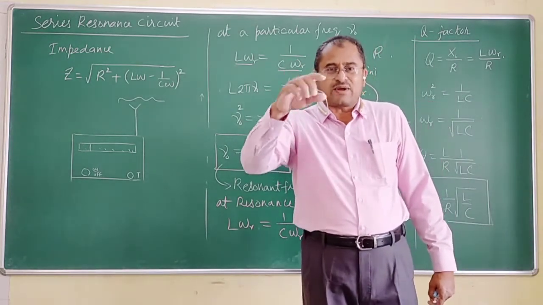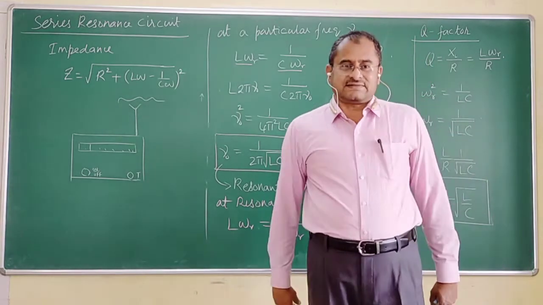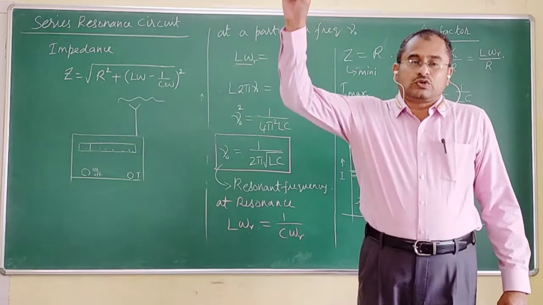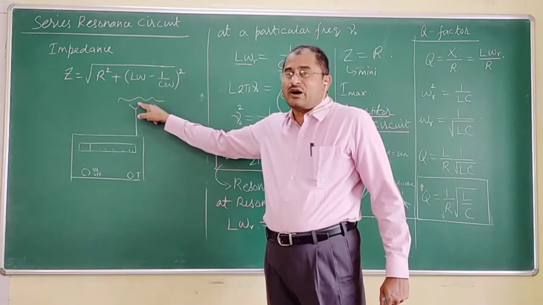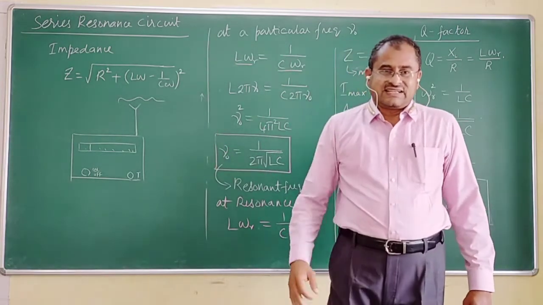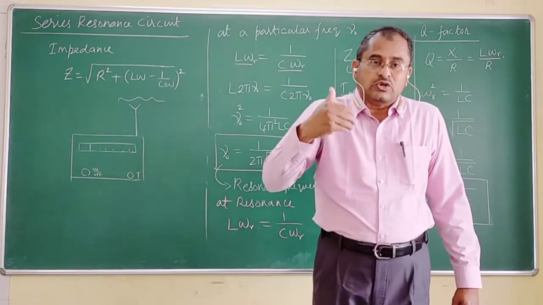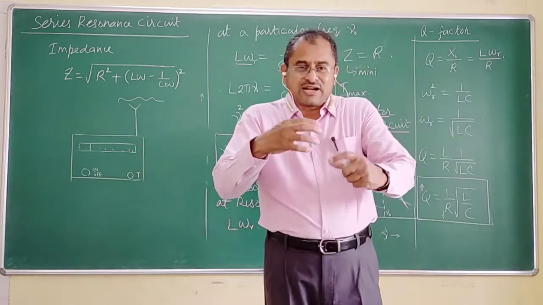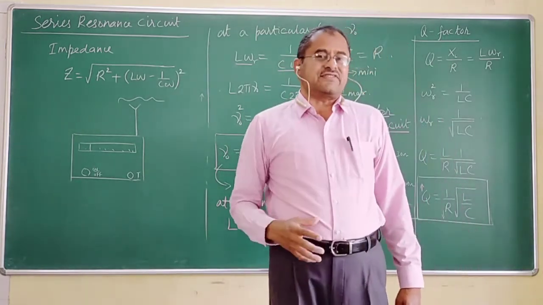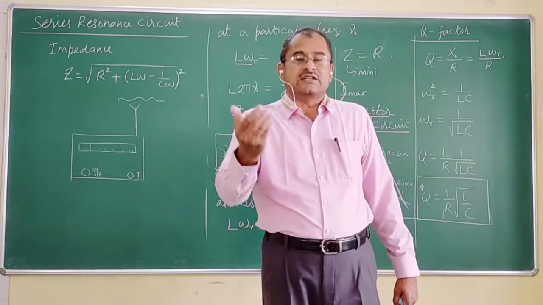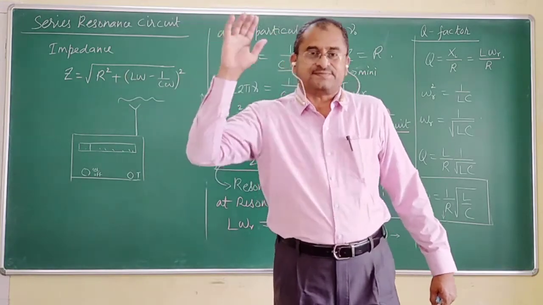When the natural frequency of the radio receiver becomes equal to any one of the frequencies received by the antenna or aerial of the radio receiver, resonance occurs. Subsequent modifications in the circuit by the circuitry inside the radio receiver will help you to listen to the program of that particular station.